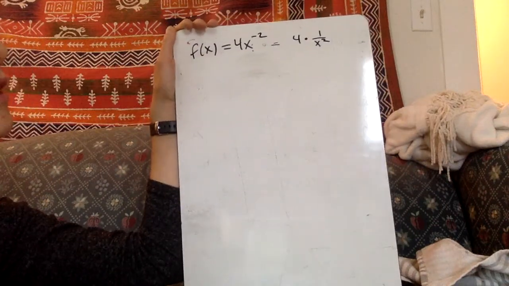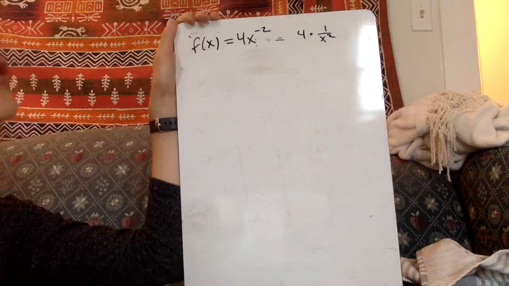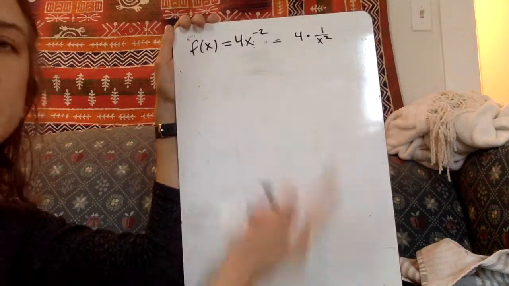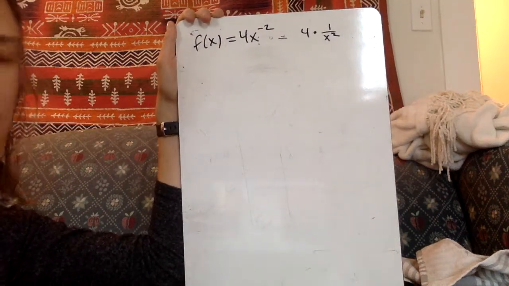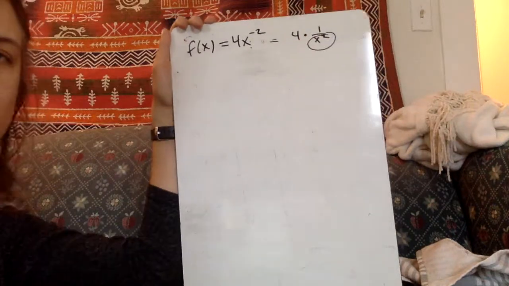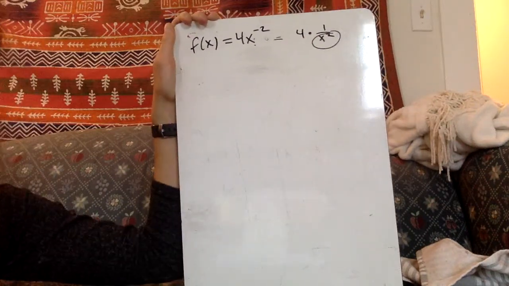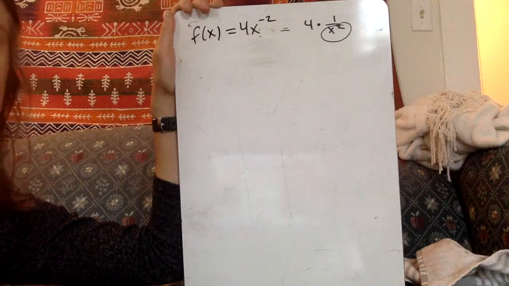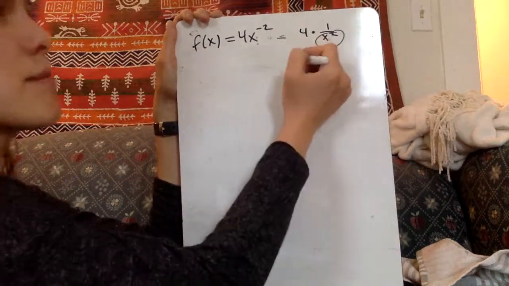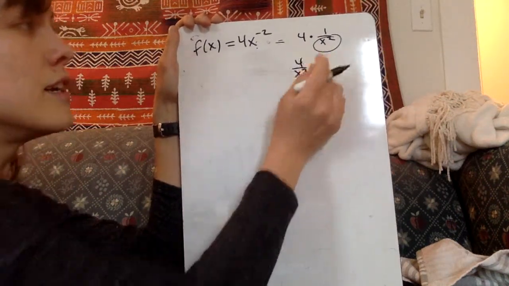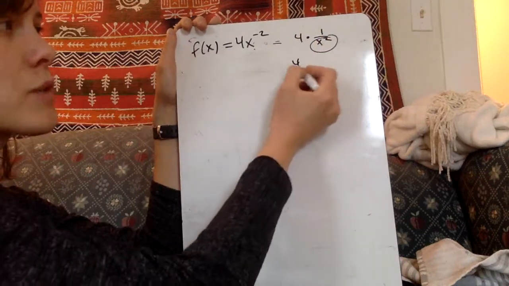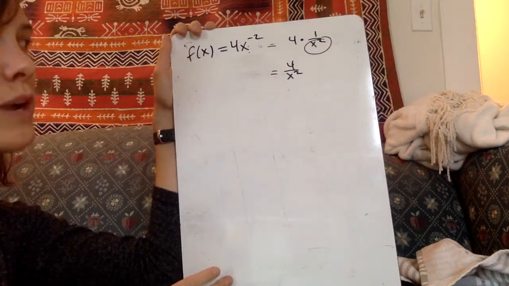And so I know several things just looking at this. I know that this is always going to be a positive number because I have an x squared associated with it. I also know that x will never be able to equal 0. So this is the same as 4 over x squared, right? 4 times 1 over x squared is the same as 4 over x squared.